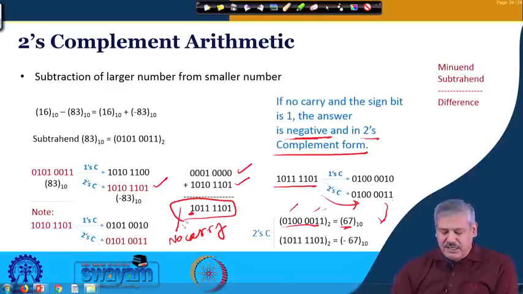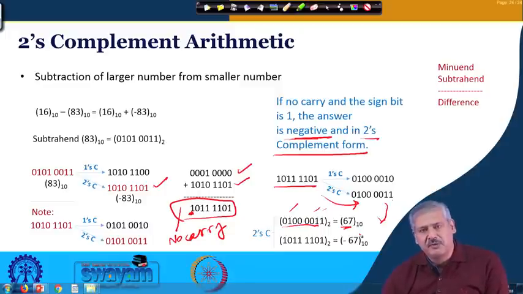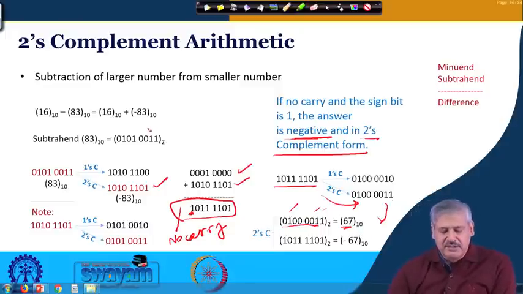So, carry is not there, sign bit is 1, the answer is negative, and the magnitude can be obtained by again performing 2's complement. So, 16 minus 83 we get minus 67, right. The result we shall get in this form. We know the answer is negative, no carry, sign bit is 1, and to get the magnitude we perform another 2's complement.